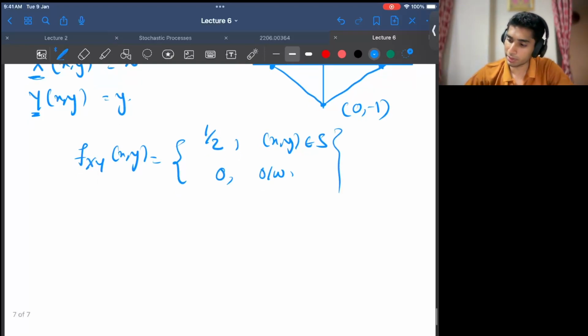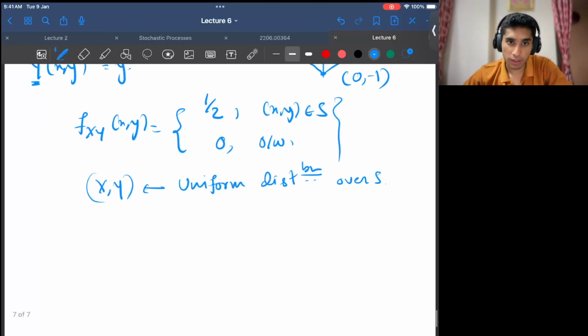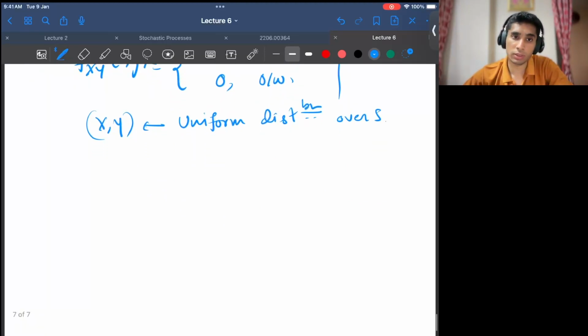So basically it is saying that (X, Y) has a uniform distribution over S. This is given to you. What is the question? There are four options.